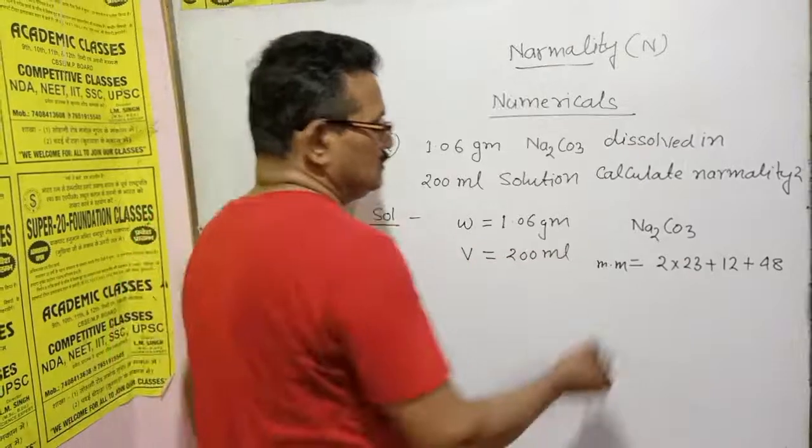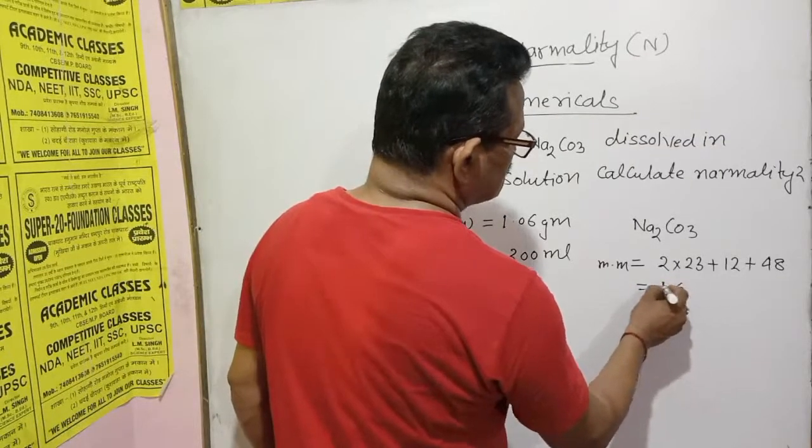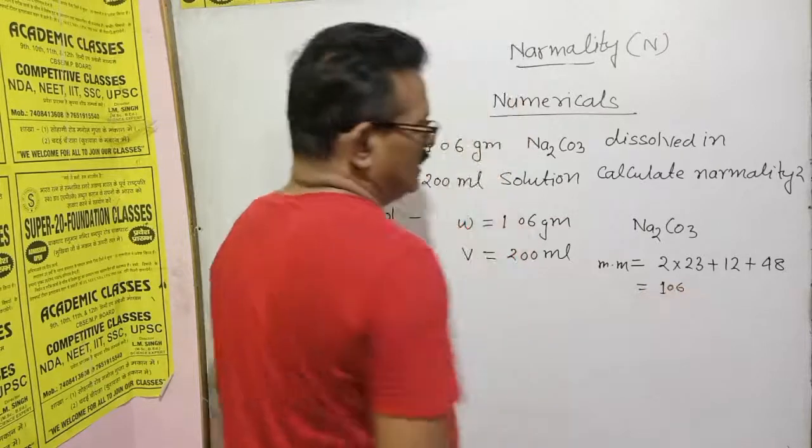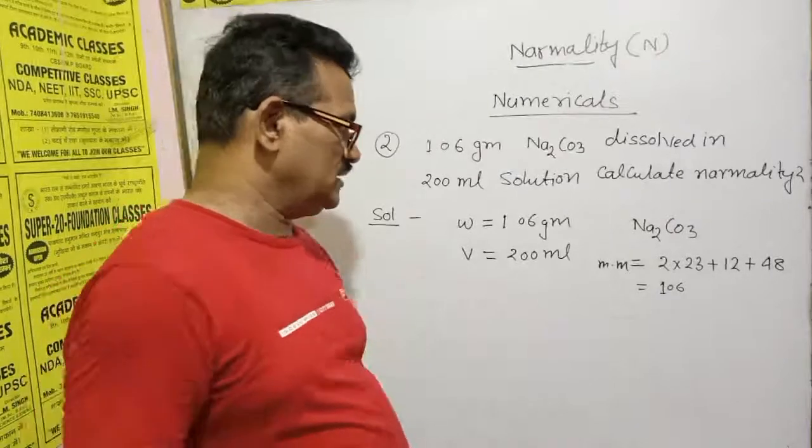Adding all, the total molar mass of sodium carbonate is 106.